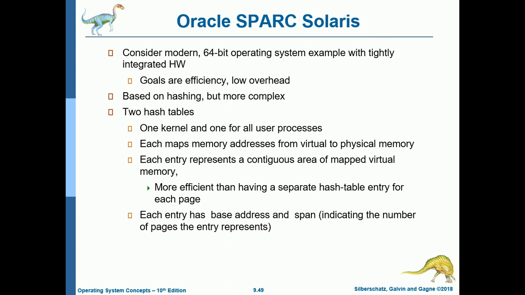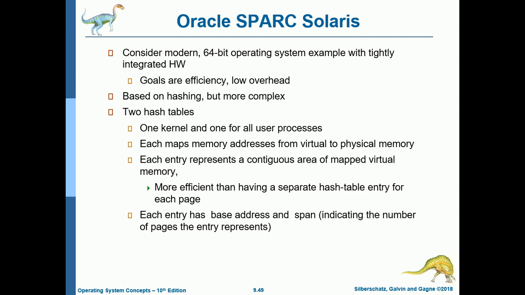Okay, next we have Oracle SPARC Solaris. We have an example of an operating system here. How does the memory access or paging happen in this operating system? Consider a modern 64-bit operating system example with tightly integrated hardware. The goals are efficiency and low overhead.